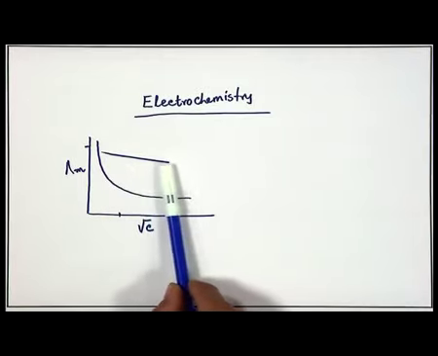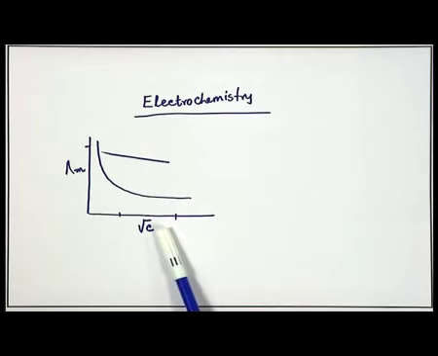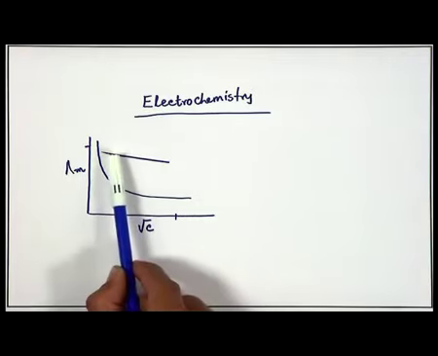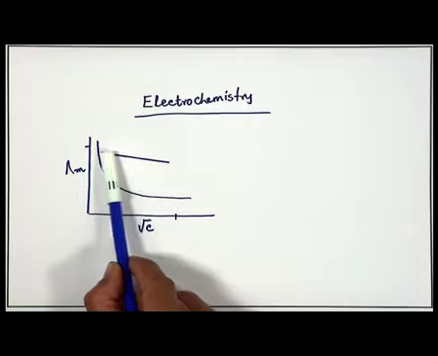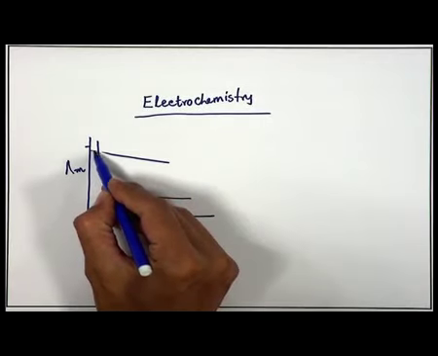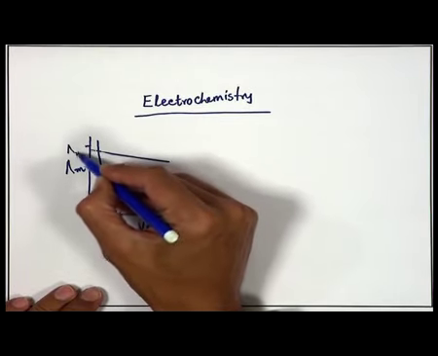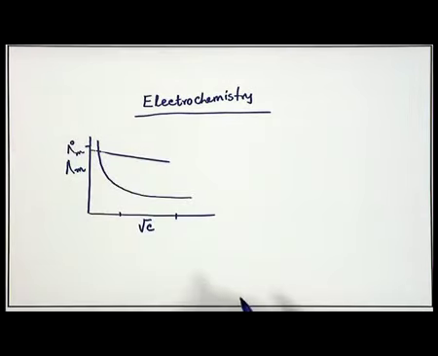You see that there is a linear variation, and if you reduce the concentration of the solution, then its value increases, and ultimately, if you extrapolate this to concentration 0, you end up getting a quantity which is called the limiting molar conductance, or molar conductance at infinite dilution.